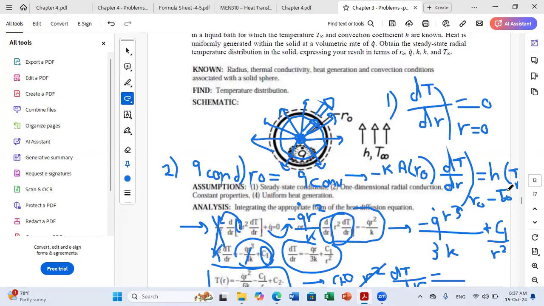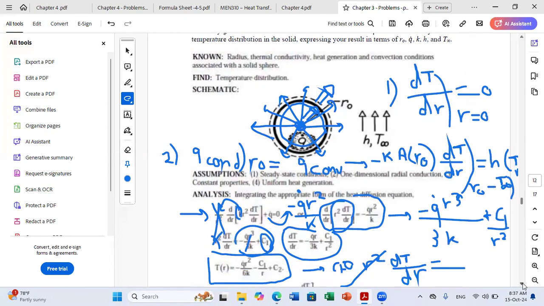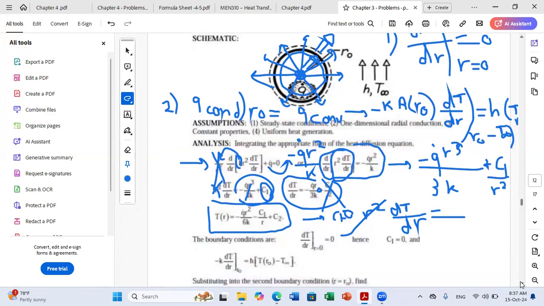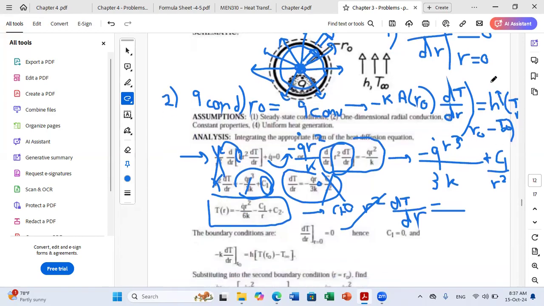Now, if you replace, what is dT by dr at R0? If you go back to your equation, this is dT by dr. So if you replace at R0, you get minus q dot R0 over 3k, and C1 is already equal to 0. So all we have to do is to replace. Of course, don't forget to multiply by the area, the lateral surface of the sphere, the area at R0. And here the area will cancel out, so your equation will be as follows.